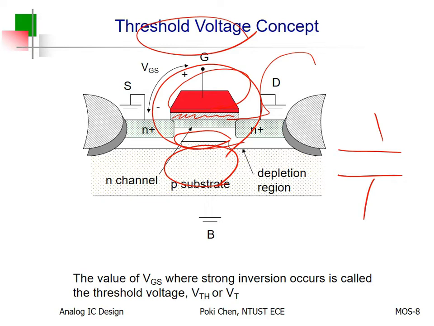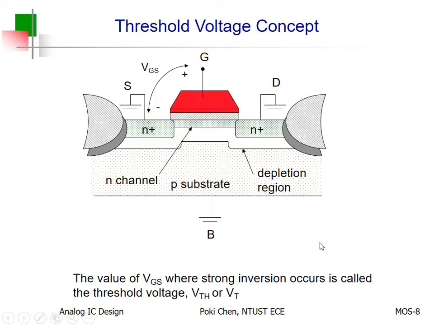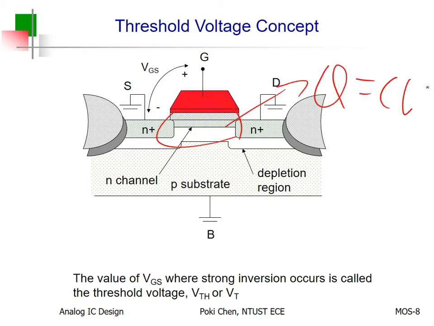Okay, so according to the definition of an ideal capacitor, we have Q equals CV. Okay, the number of charges equals capacitance times voltage. So what is the definition again for threshold voltage?